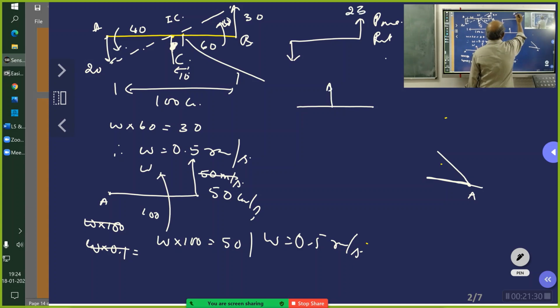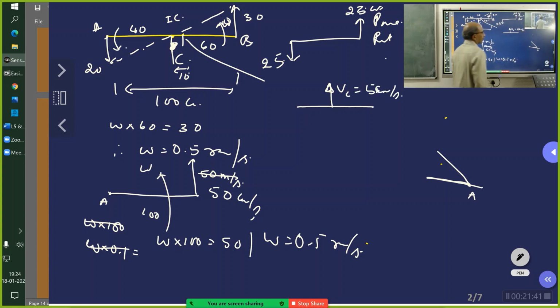Pure rotation means this is 25 centimeters per second, this is 25 centimeters per second, and this is moving with velocity vc equal to 5 centimeters per second. So this is pure translation and this is pure rotation. So a combination of these two will give you the current condition of the rod.